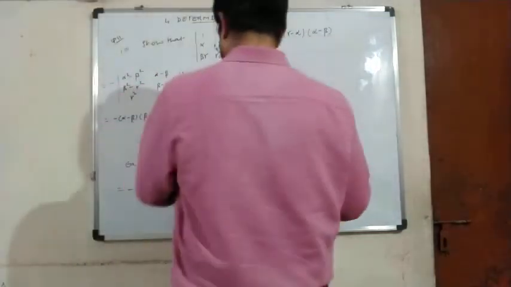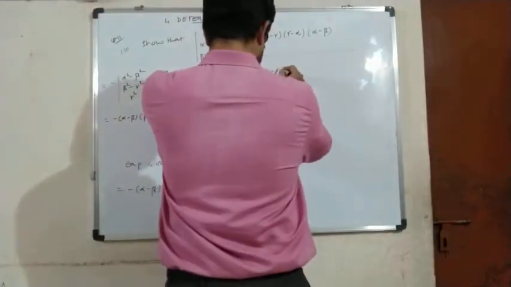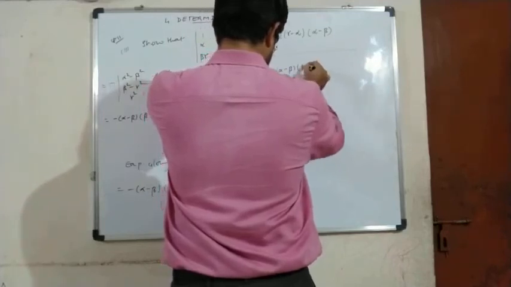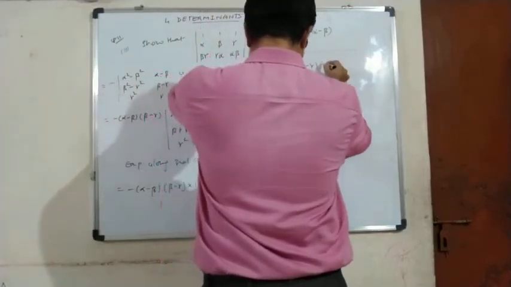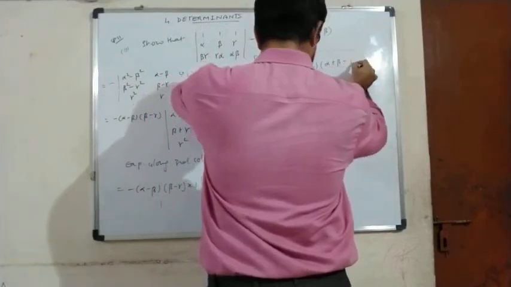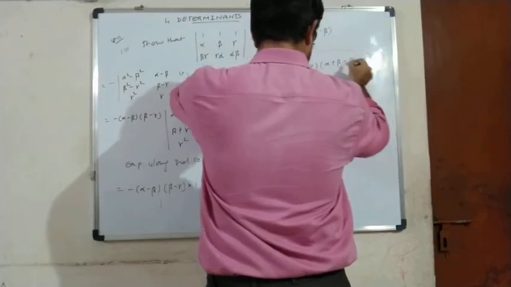Okay, so let us solve the determinant. So minus alpha minus beta into beta minus gamma into alpha plus beta minus gamma.